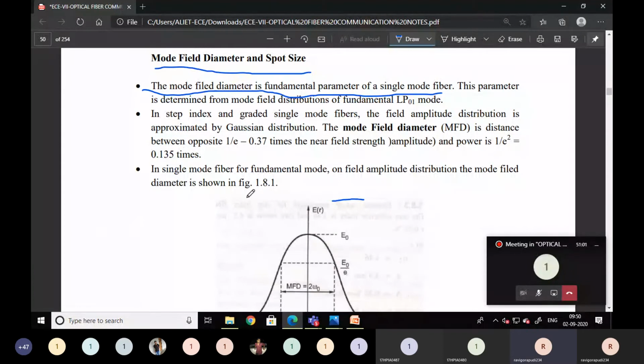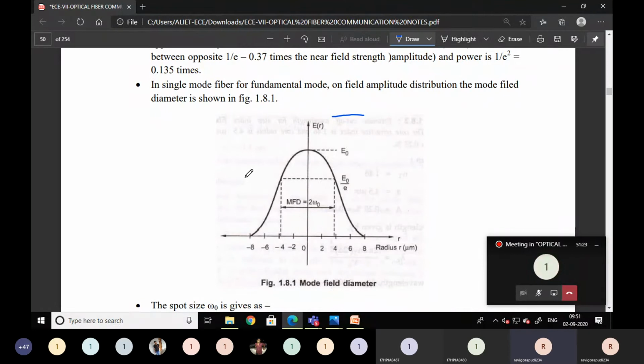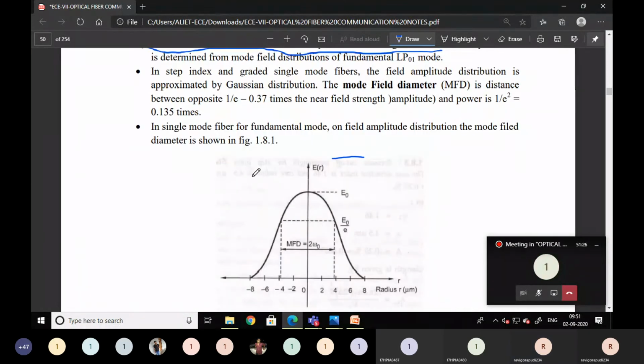And the mode field diameter MFD is the distance between opposite 1 by E times the near field strength.